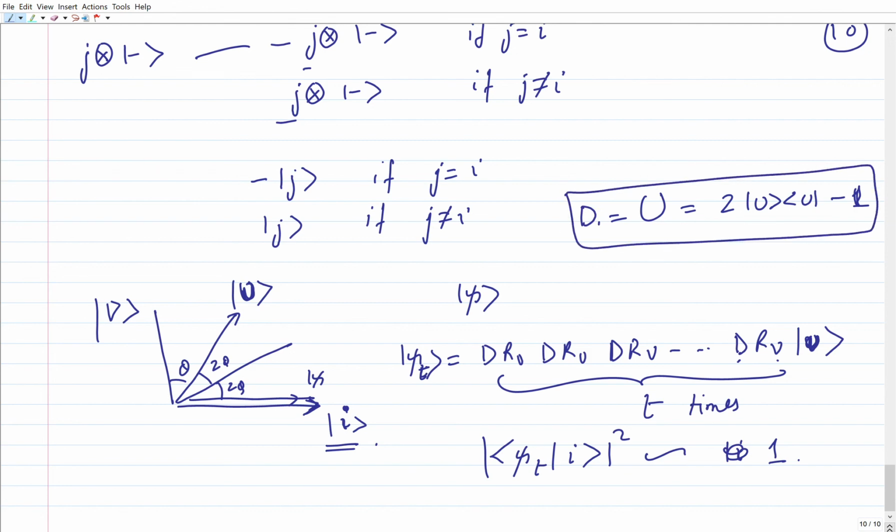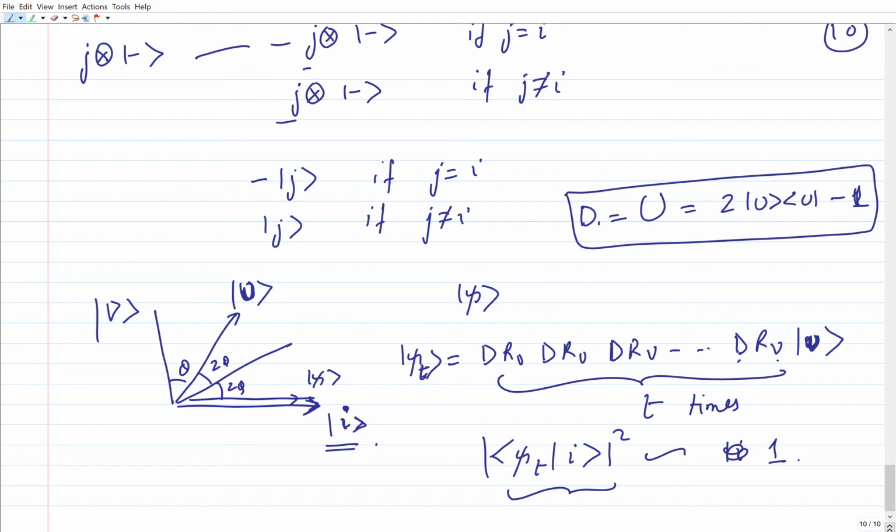So that is the idea. I alternate between V and D, which causes the amplitude of the state I to be near maximal, and then I measure this amplitude to find the value of I.